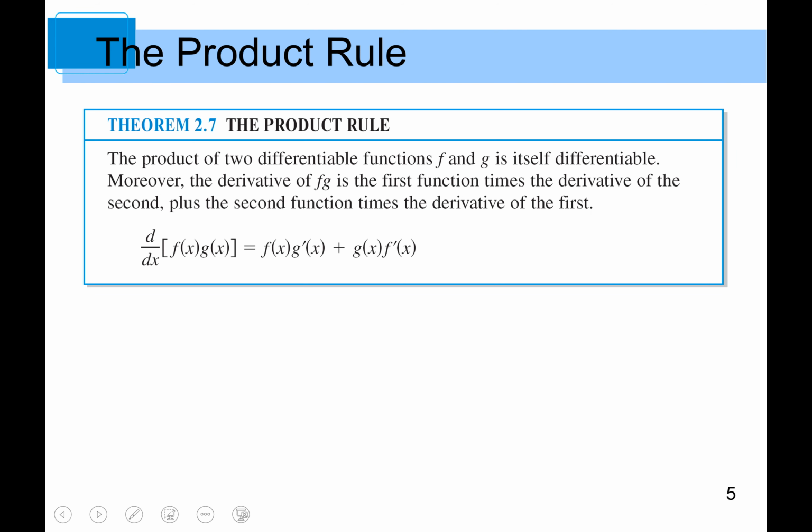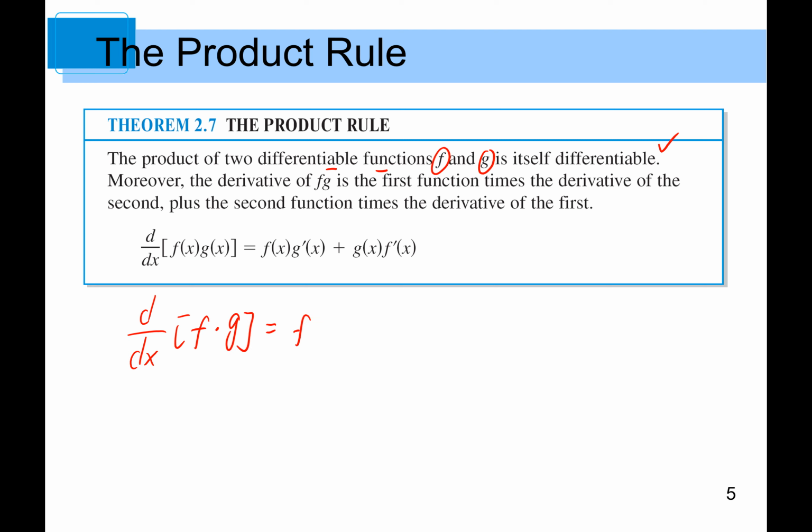So the product rule: the product of two differentiable functions, f and g, is itself differentiable. Moreover, the derivative of f times g is the first function times the derivative of the second, plus the second function times the derivative of the first. As I mentioned before, you can just view f as representing the function f of x, and g representing the function g of x.